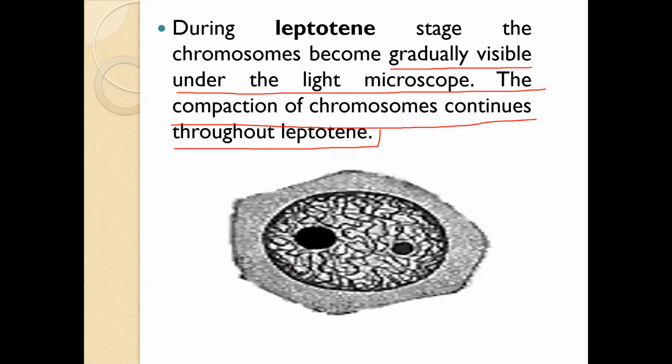So you can easily visualize the chromosomes under the light microscope. We also know that chromosome compaction, that means the condensation of chromosomes, is a part of cell division, and also a part of prophase. So leptotene mainly deals with chromosome condensation.